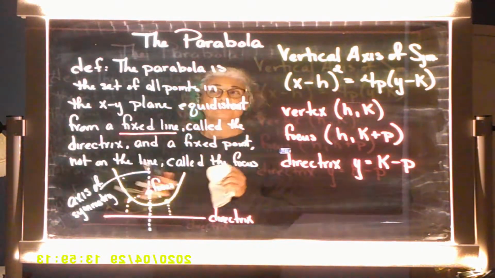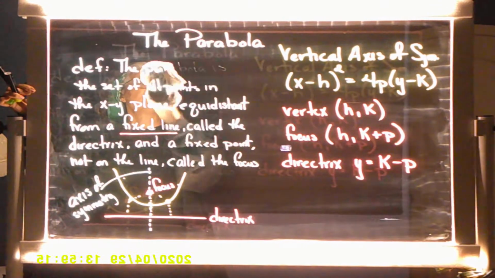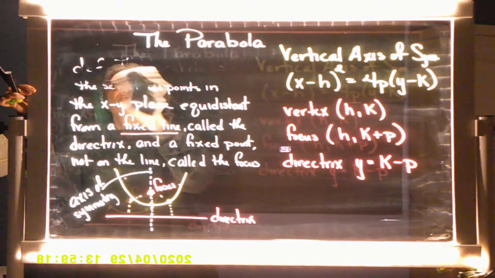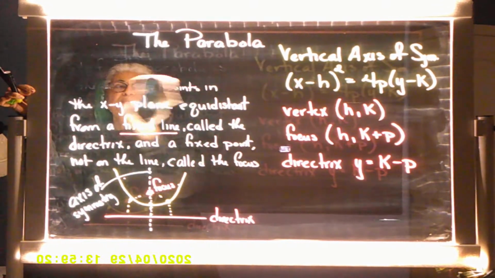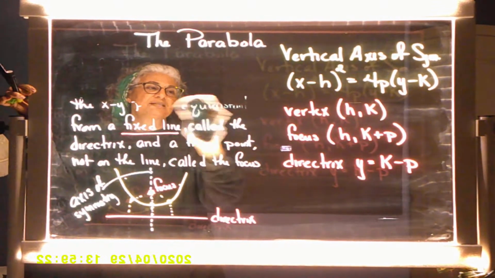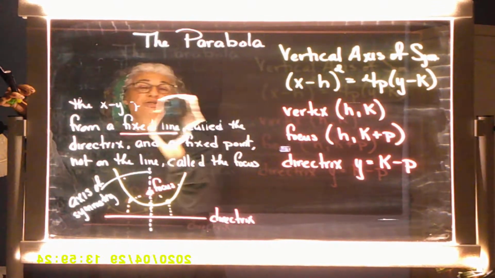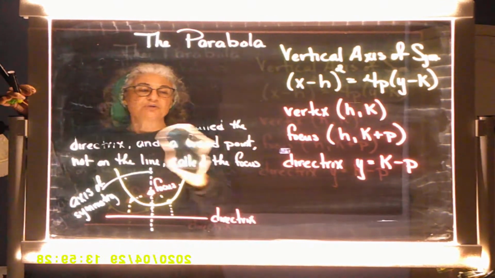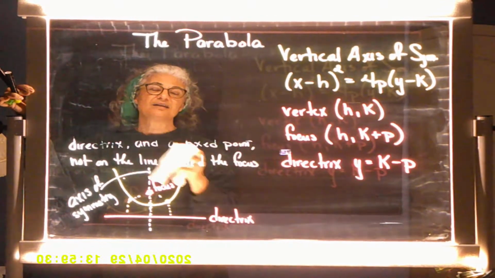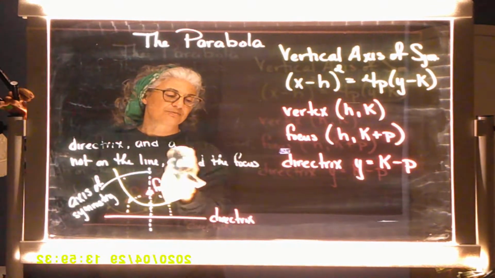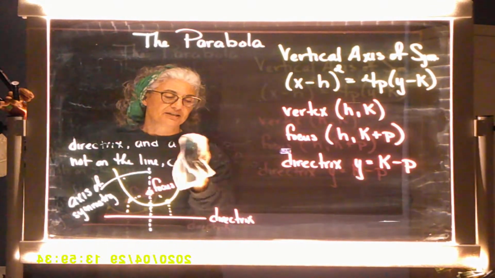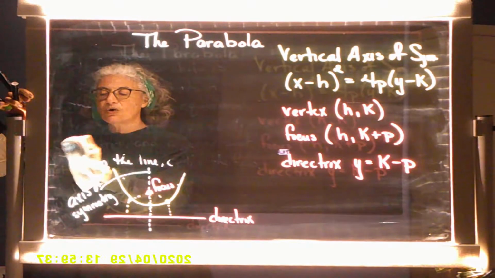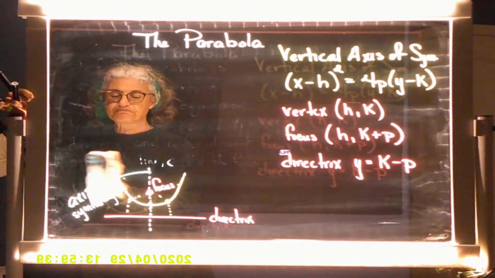Let me, if you allow me, I'm going to do a little bit of erasing here because I want to write down the other parabola and the direction that it goes. So if I have a vertical axis of symmetry, then I'm also going to have a horizontal axis of symmetry, aren't I? Okay, so horizontal goes which direction?